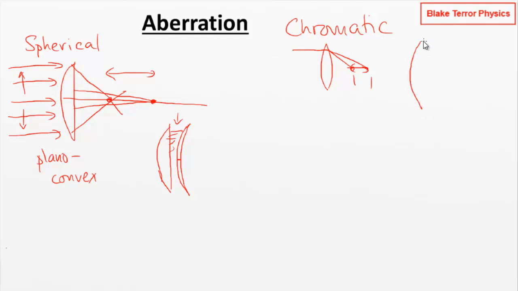You quite often get this with doublet lenses. You see this a lot in telescope eyepieces, where you'll combine this biconvex lens with a plano concave lens. But again, how are we actually combining these? Are you sticking these in place in some fashion, so you're eliminating the boundary as much as possible between these?